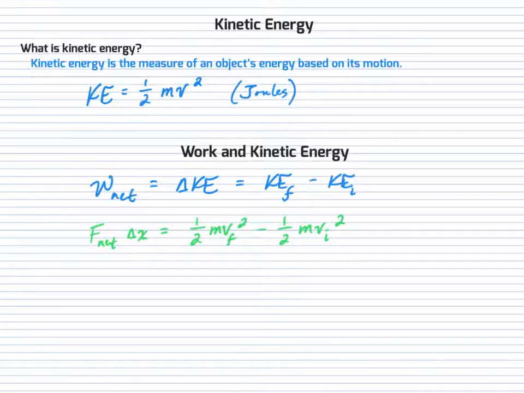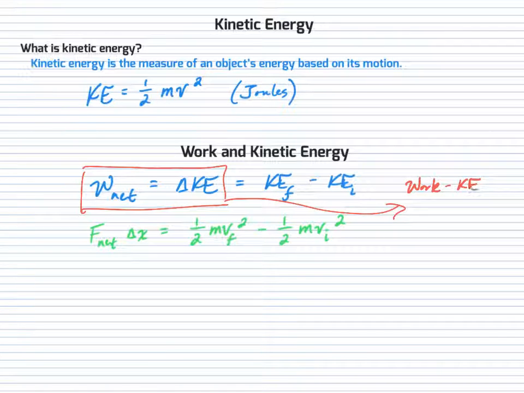Notice that right here, this is just our work equation, and this corresponds to our final kinetic energy, and this corresponds to our initial kinetic energy. These two expressions, mainly this one as a whole, this very simple one, we call the work kinetic energy theorem. This is our link between work and energy.